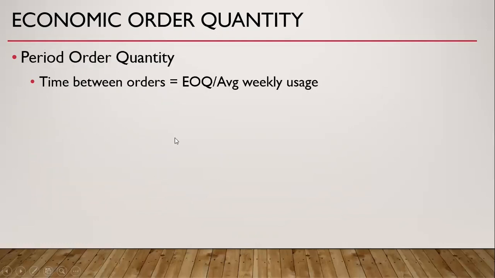For a period order system or replenishment policy, when the order period method is used, then the EOQ is divided by average weekly usage, and we can order like that.